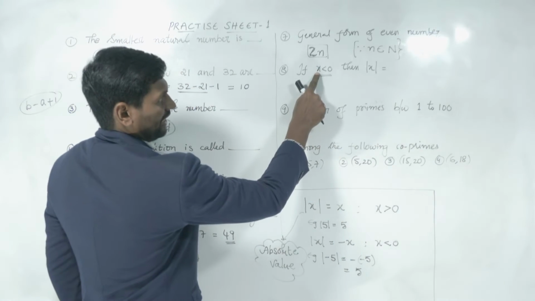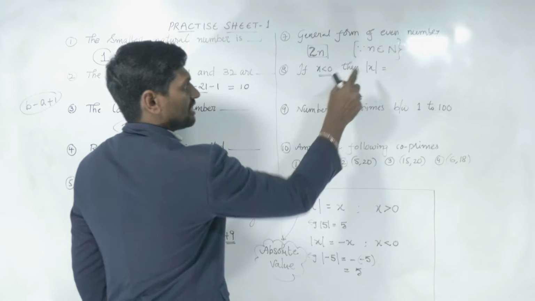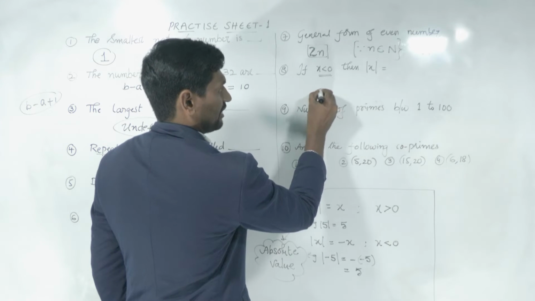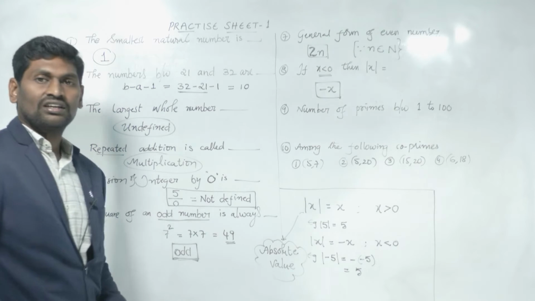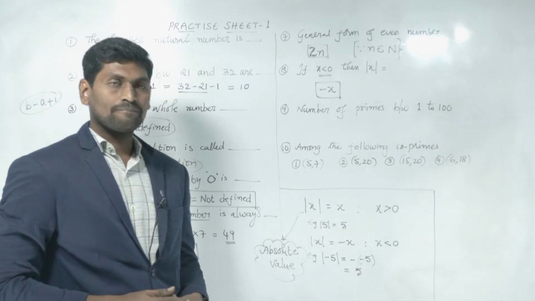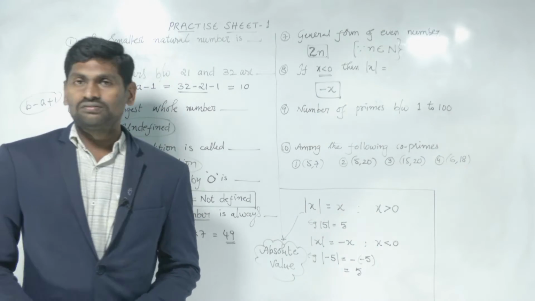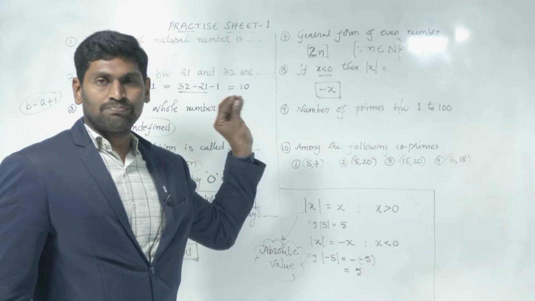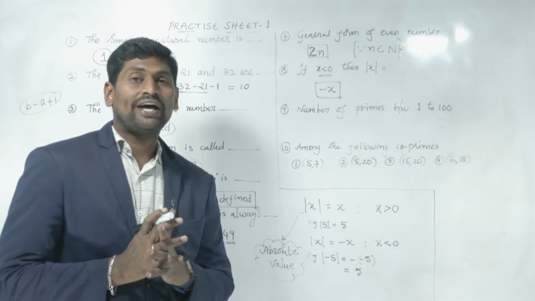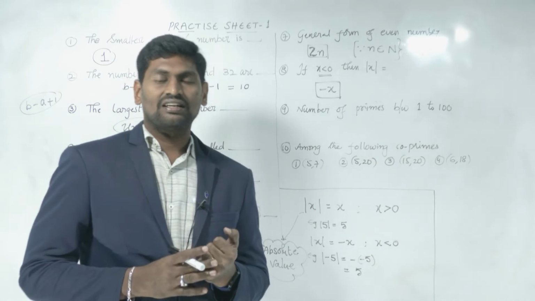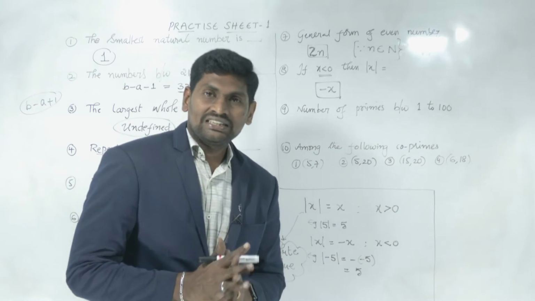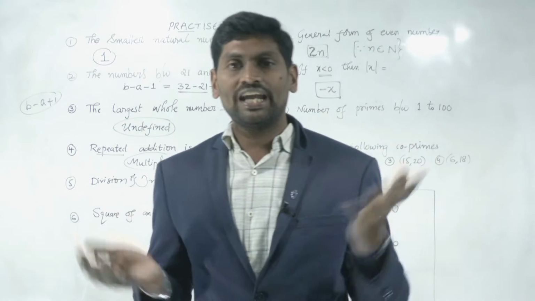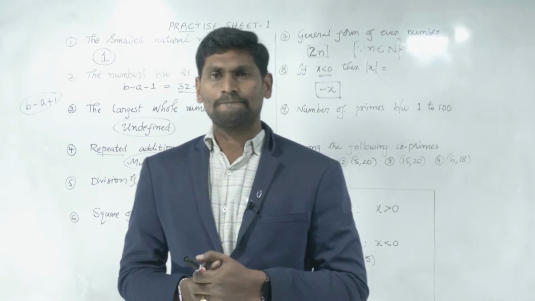So x is less than 0, so modulus of x will be minus x. Okay? Right. So simply remember the point: the absolute value of any integer gives the positive value, whether the integer is positive or negative. Clear? Very good.